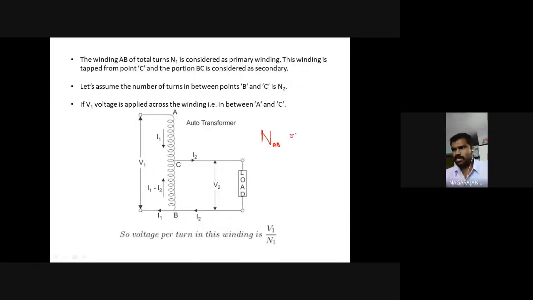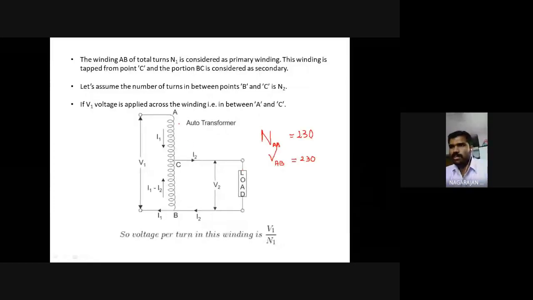So the number of turns across A and B terminals is 230, and the supply voltage, which is given as VAB, is also 230. So my question now is, what will be the voltage per turn in every winding?